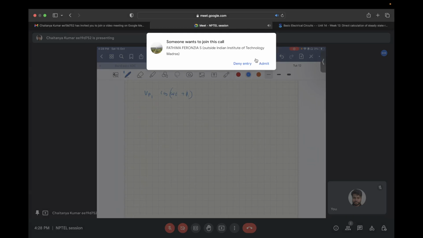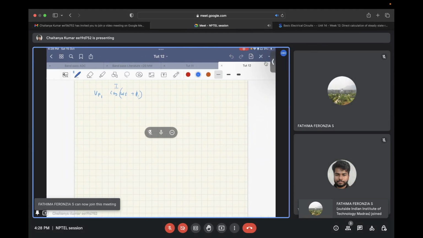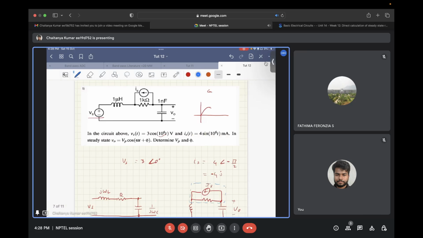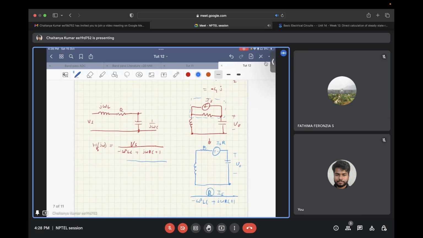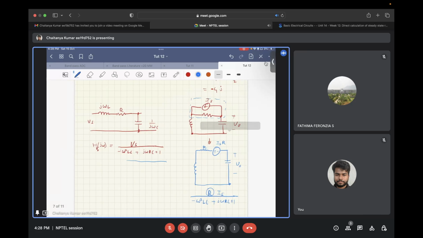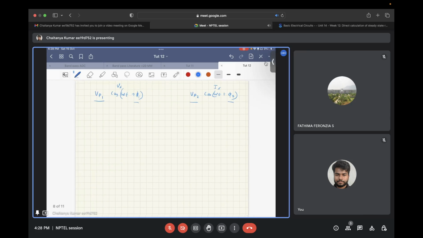This is due to Vs, and due to Is we have Vp2 cos omega t plus phi 2. So we have these two expressions, and now we individually find out Vp1, phi 1 and Vp2, phi 2.